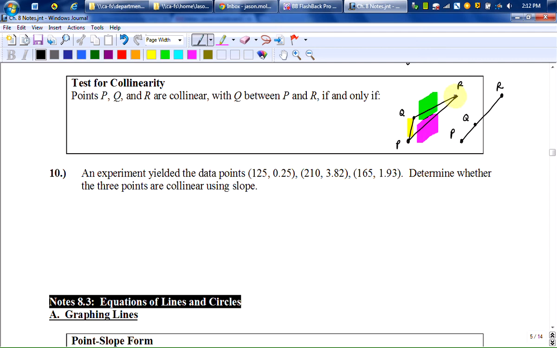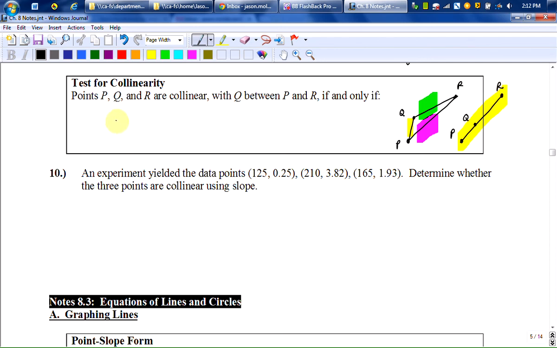The only other situation that can happen is that the 3 points don't form a triangle in the case that they form a line or line segment, which would make all 3 slopes the same. They're not going to be parallel, but all of the line segments or lines are actually on top of one another, making them collinear.